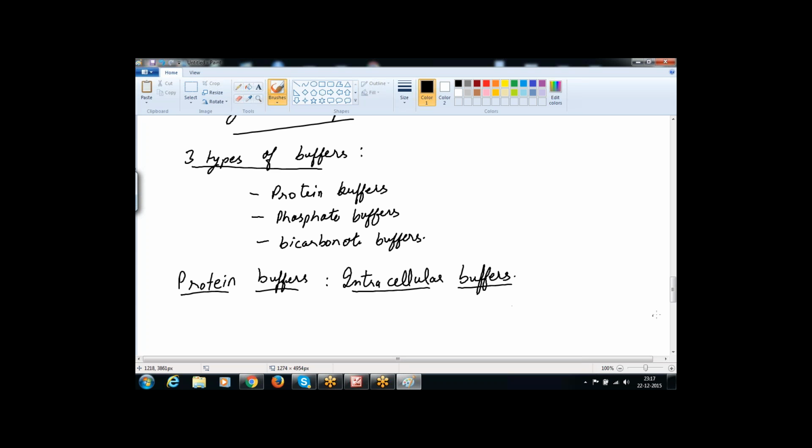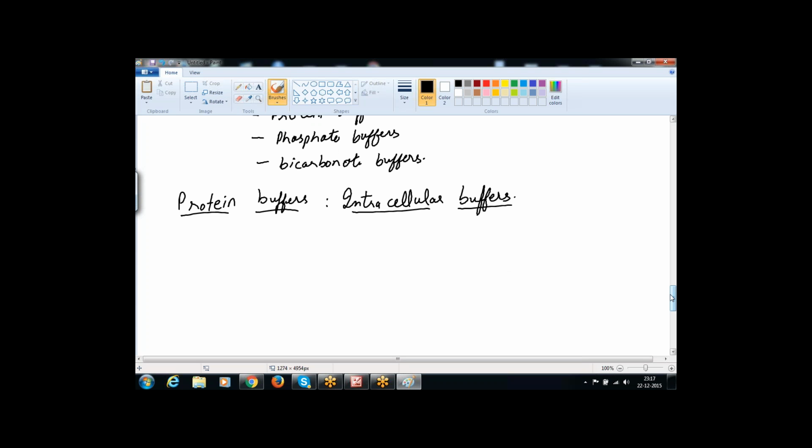So if this buffer goes wrong, if something is wrong, just one cell will be affected, which is not a big deal for a body made up of millions of cells. Even if one cell goes wrong, that will not make much difference. So it is not very important in maintaining the pH as such, but this is one of the buffers.